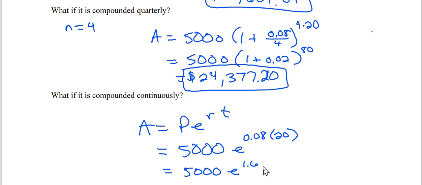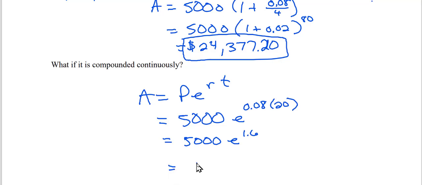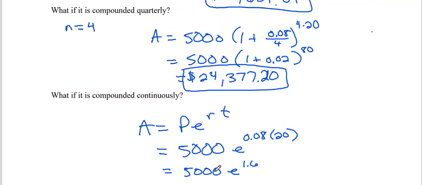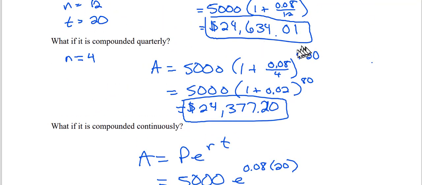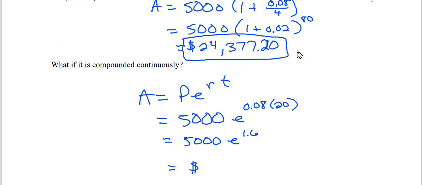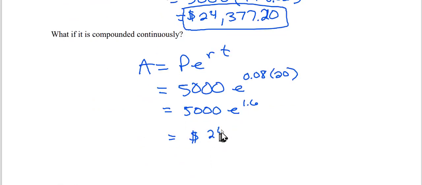And then multiply by 5,000. And that gives us a number. Would you expect it to be bigger or smaller than the monthly compounding? It's added more often, so it should be bigger than the monthly compounding. $24,765.16.